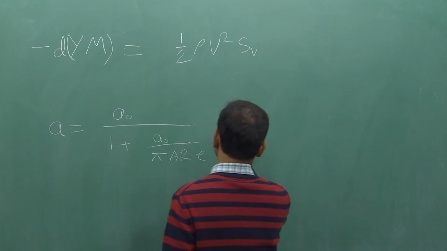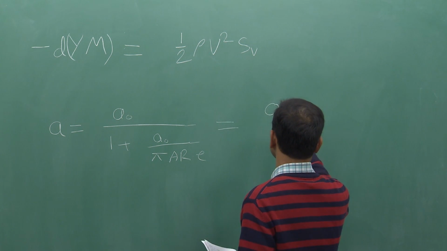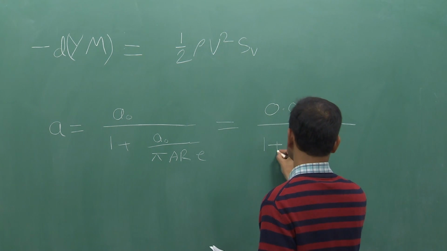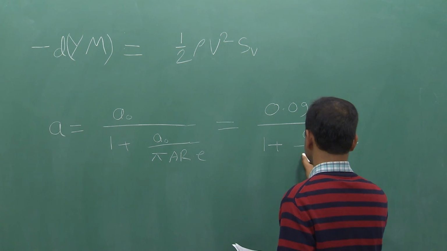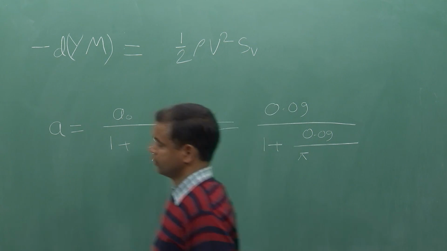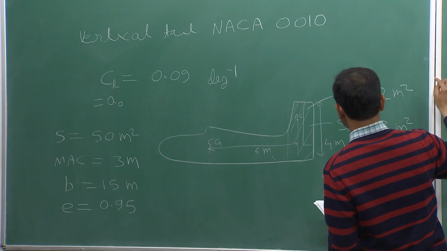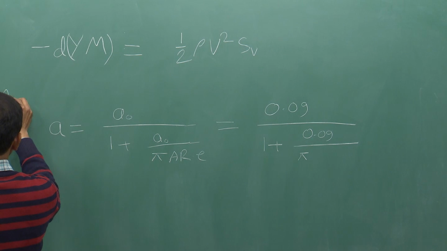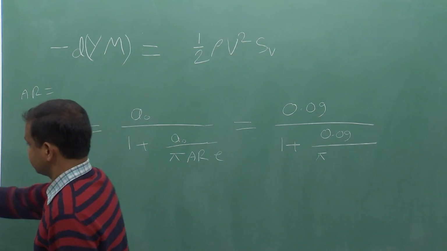And if you substitute these values, this will be 0.09 divided by 1 plus 0.09 by pi, and aspect ratio of this surface, the span square divided by area, span is 4 meter.